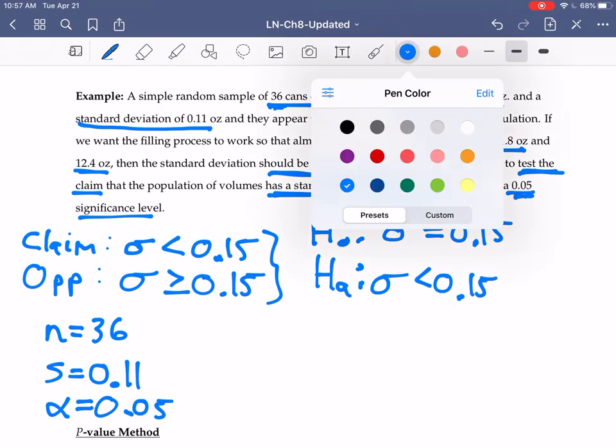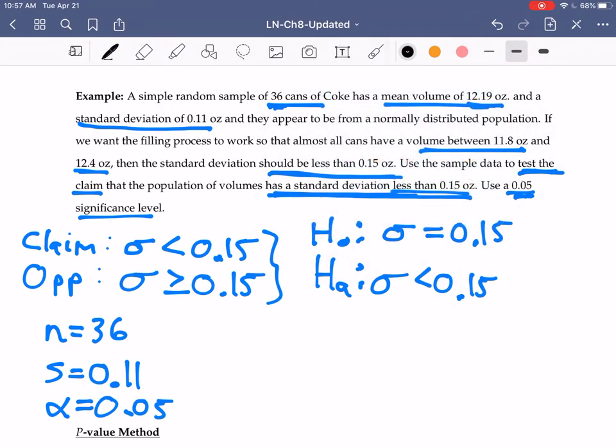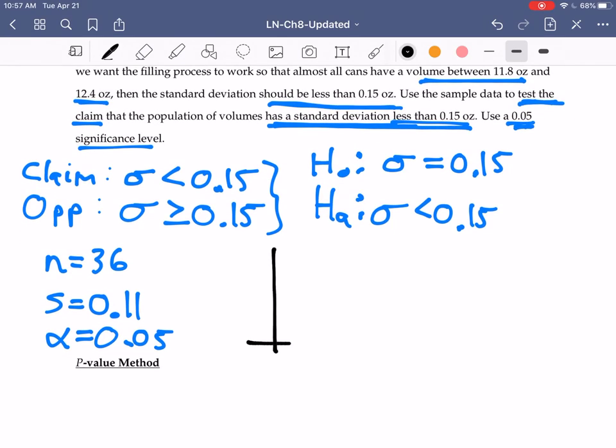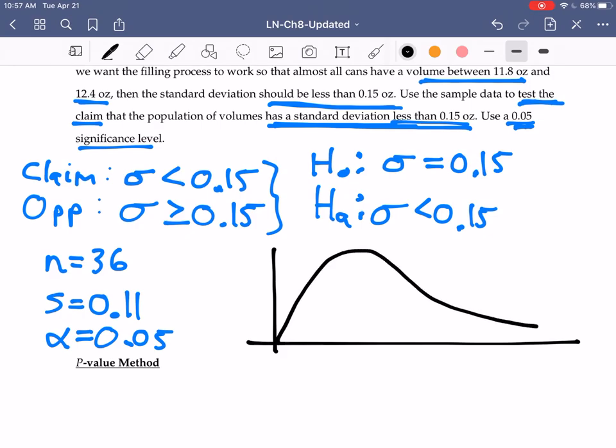So this is going to be a chi-squared test, a test that uses a chi-squared distribution. For a chi-squared distribution, it looks something like this. Our alternative hypothesis is that the standard deviation is less than some value. And so this is a one-tailed test.